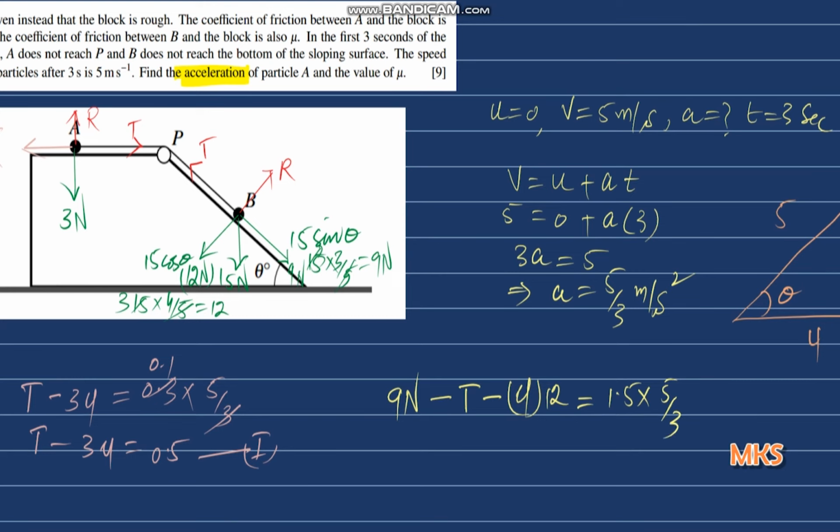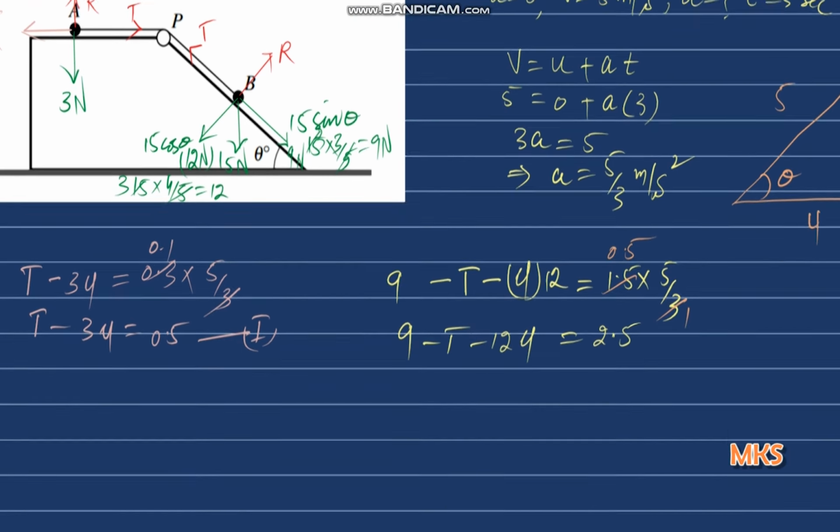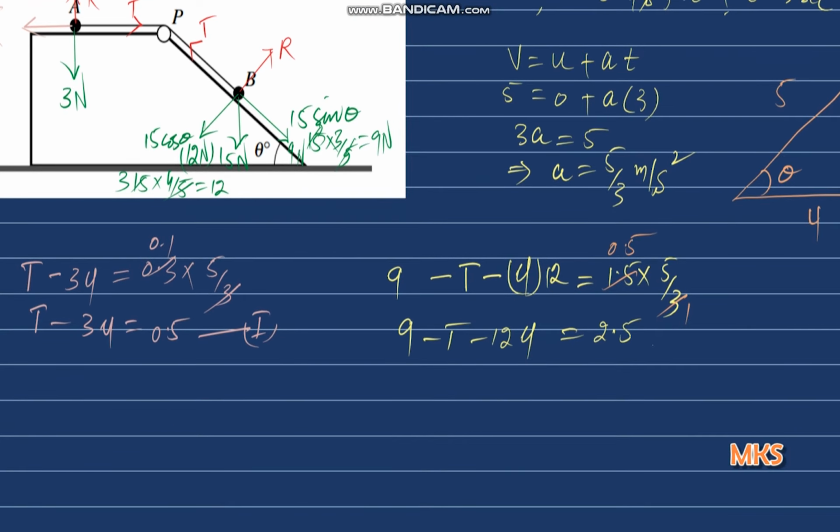So here, if we do the cancellation, 3 times 1, 0.5. Why have I written 9? Okay, 9 Newton. Yes, I think no need to write Newton, no problem. Just take the numerical values. So it is 9 minus T minus 12 mu is equal to 2.5. This is the second equation.